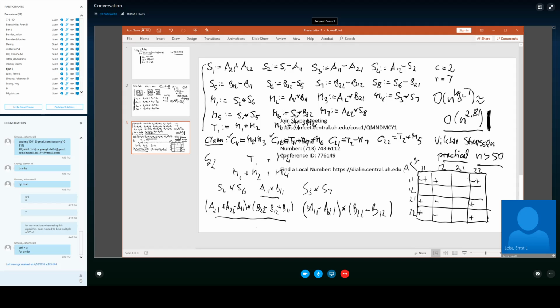M5 is, this is wrong. C2. This is a 5, not a 4. This is a 5, not a 4. This is 5. And so this is different. See, I screwed it up again.